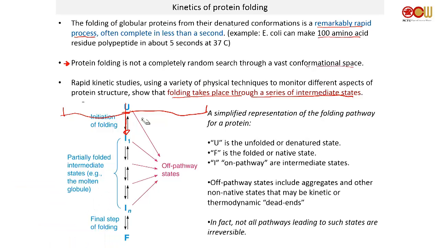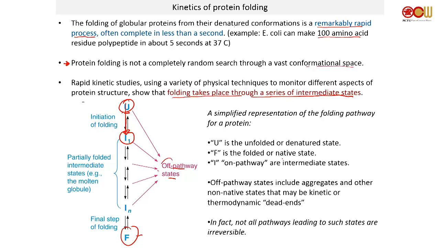A simplified representation of the folding pathway of a protein is like this. You have U unfolded, I intermediate, and then you have a final step of folding, a completed folded state, folded or native. So you go from unfolded to partially folded to more folded, and then eventually to completely folded. During the folding, sometimes you can go into the off pathway states.